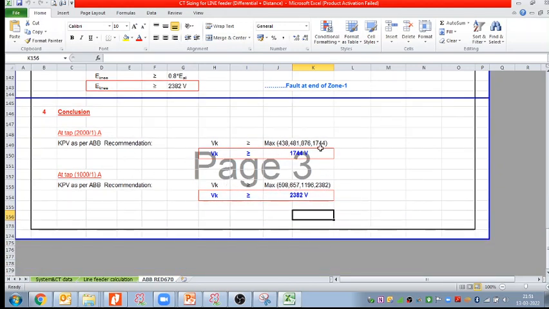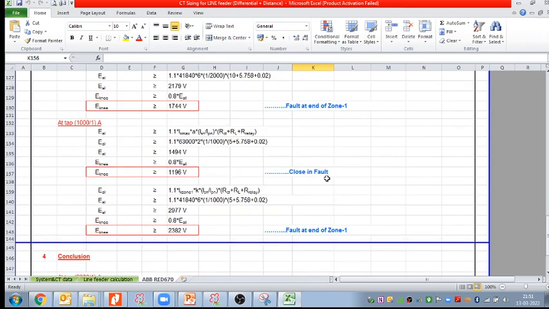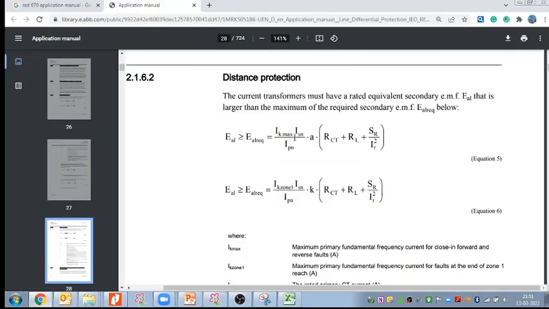Out of these 4 the highest one, and out of these 4 the highest one. We have to perform all four calculations and see in which case the required knee point voltage is higher, and that will be the CT knee point voltage. So let us come to case 1 first, then case 2, then equations 5, 6 and so on.